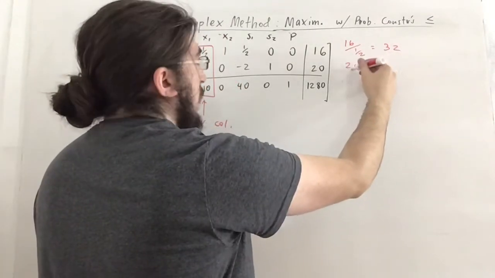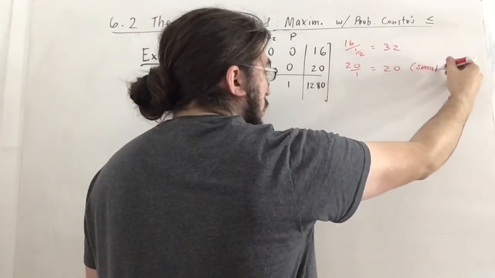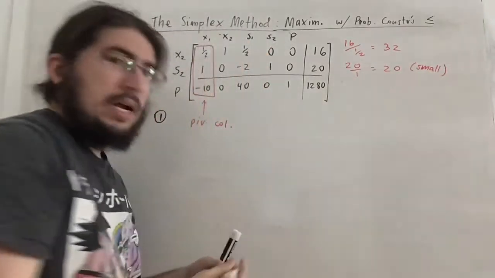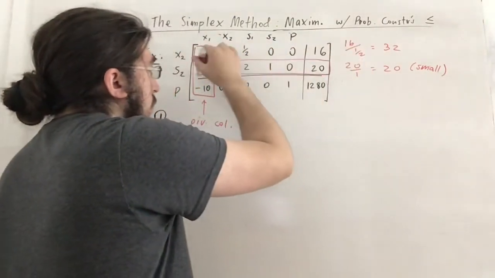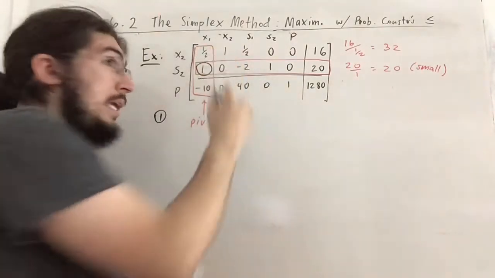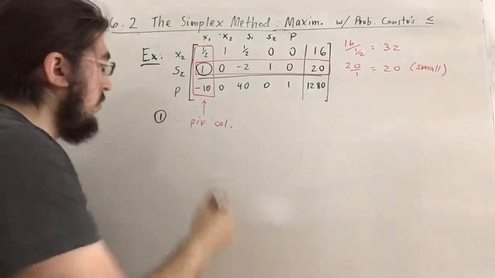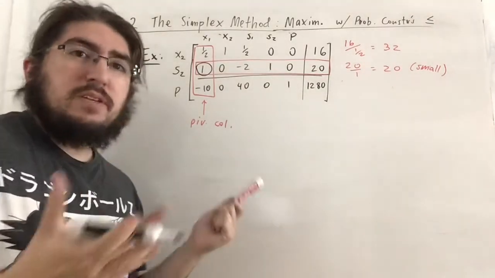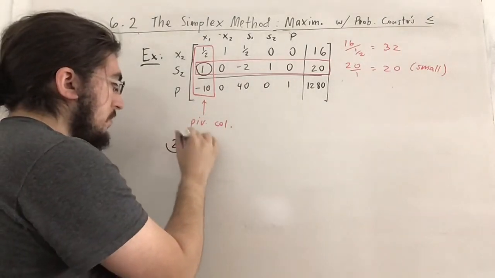And if you divide 20 by 1, you get 20. So the smallest one is indeed the row we wanted, that we kind of figured it would have to be. So this will indeed be our pivot row, making 1 our pivot element. And that's good because it's already a 1. If it wasn't, you'd have to divide everything by that. So step 1, we don't even have to do because it's already a 1. Perfect. So now we'll just jump to step 2.